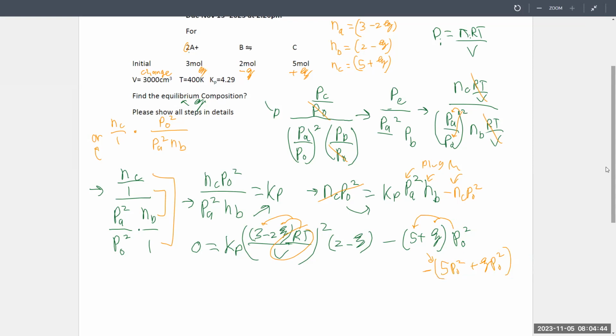But I'm gonna tackle this part, so I'm gonna do 3 RT over V minus 2 E thing RT over V squared, which is then gonna be 3 RT. I'm just gonna write this real quick.